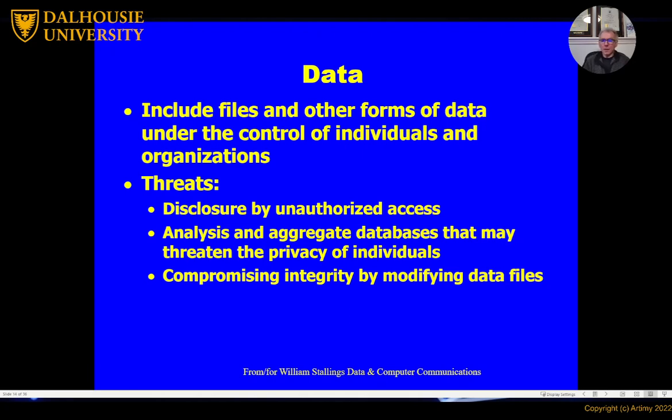So I could analyze the data and gather information. That information, even though it's not direct information, could also be harmful or could be misused. And finally, I could modify the data files, changing bank accounts to give somebody more money or take money from somebody.